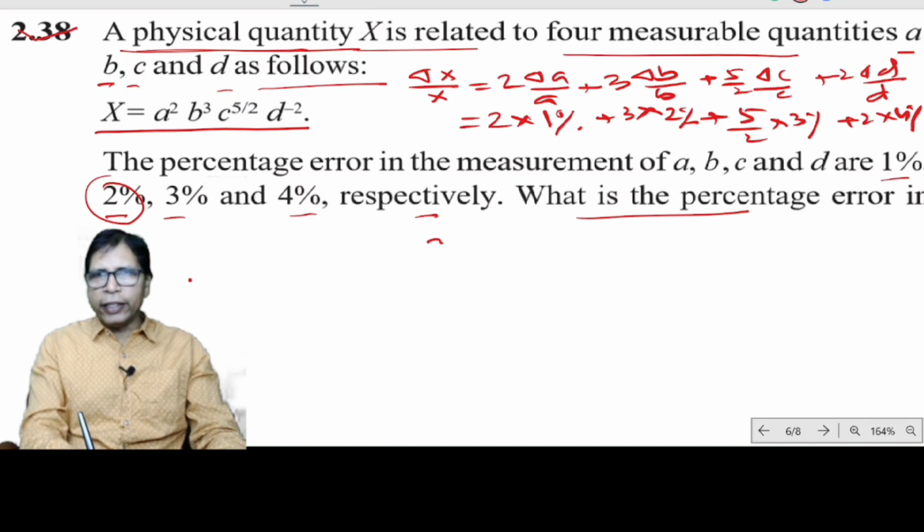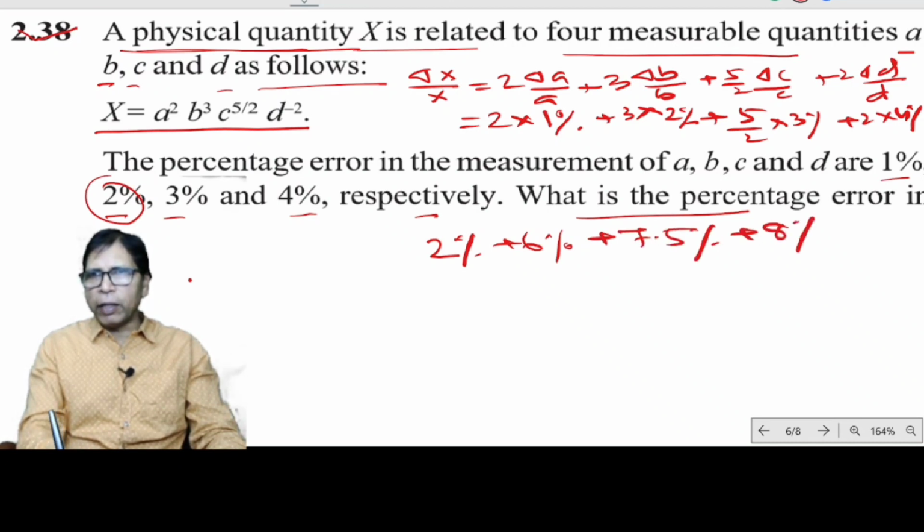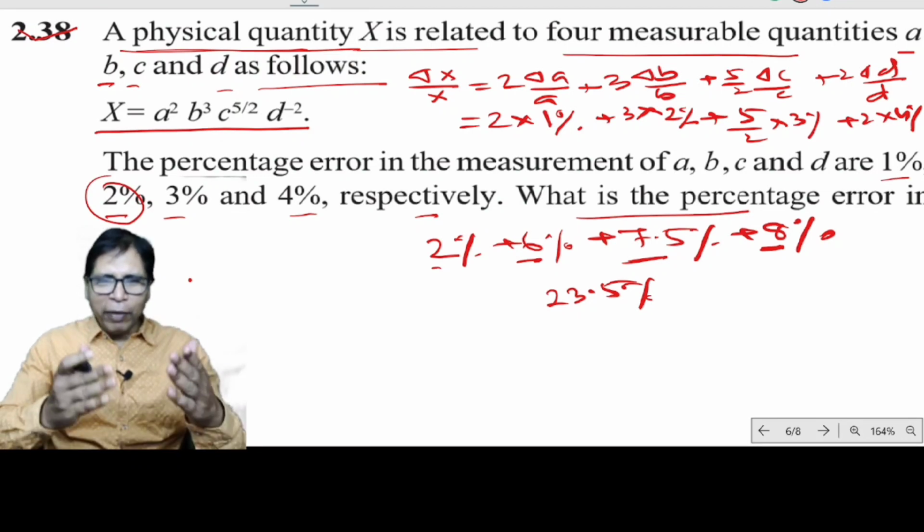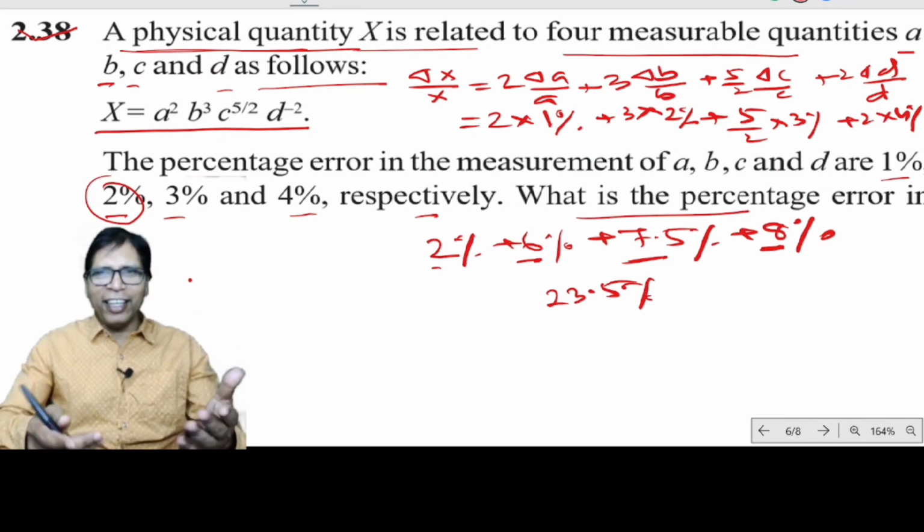So this is 2% plus 6% plus 7.5% plus 8%. Now 2 plus 6, 8, 8 plus 8, 16, 16 plus 7.5, so this is 23.5% is the error in measurement of X.